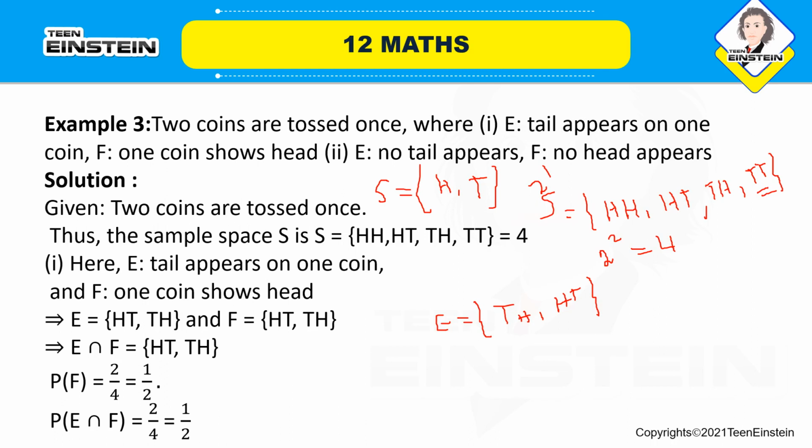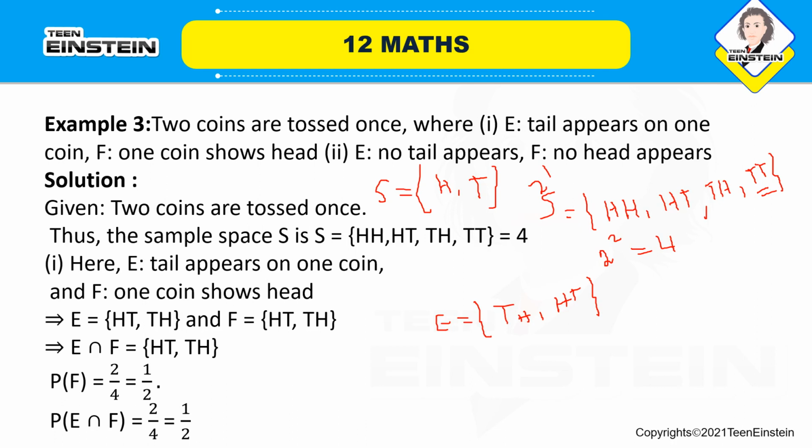We have to be very clear. We should not consider TT. That's what is mentioned clearly here. E is tail appears on one coin only, not both the coins. Here you are getting tail on both the coins, here you are getting head on both the coins. But here you are getting tail in only one coin.